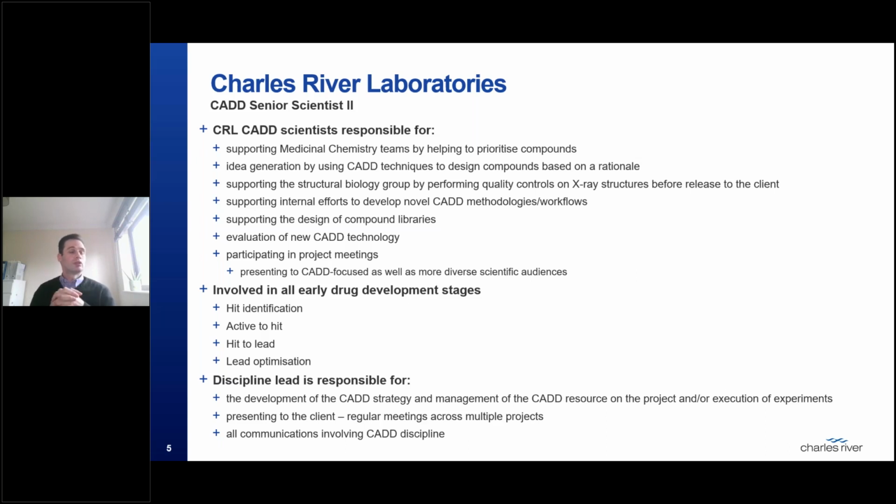In addition, we also suggest our own ideas using idea generation CADD methods to design compounds based on a rationale. There are various techniques you can use, from library enumerations to even having an idea, drawing it in ChemDraw, and then doing some modeling to identify a potential, for example, docking mode.